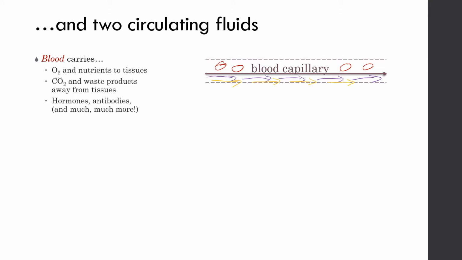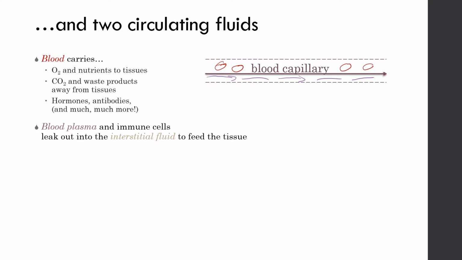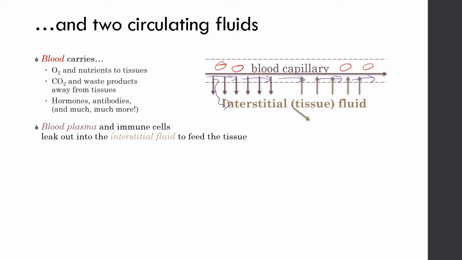They allow some leakage of fluid. Blood plasma, which I've drawn here as this purple liquid, can leak out into a space called the interstitial fluid to feed the tissue. So you can imagine a little bit of this blood plasma flowing out here, not whole blood. We don't leak blood cells.